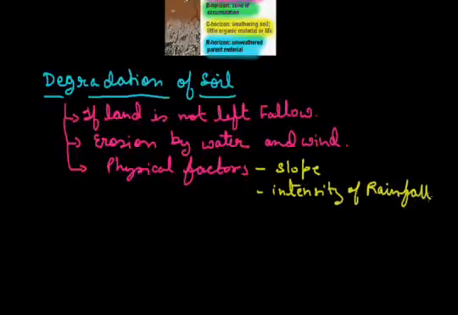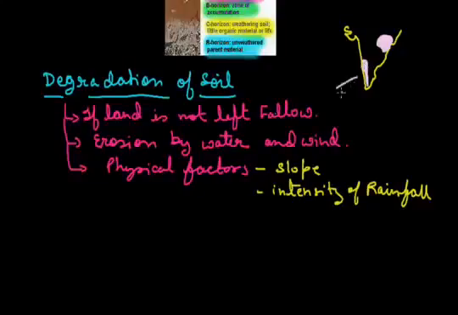Intensity of the rainfall, that is how much rain the land surface gets. If there is too much heavy rainfall, then it is possible that the soil is degraded. Let us take an example of India. As we all know, in these regions the laterite type of soil is found, which is a very less fertile soil.